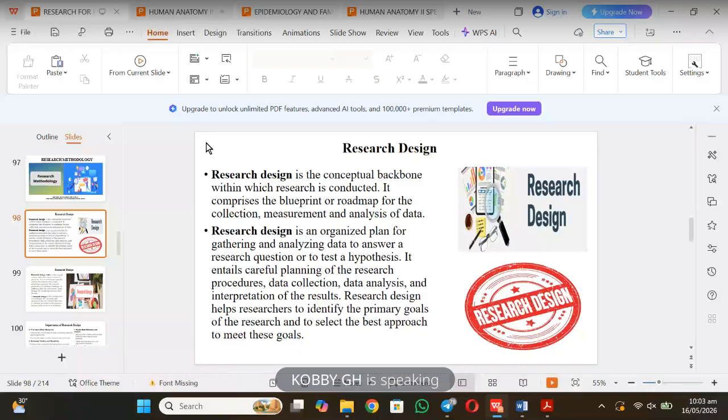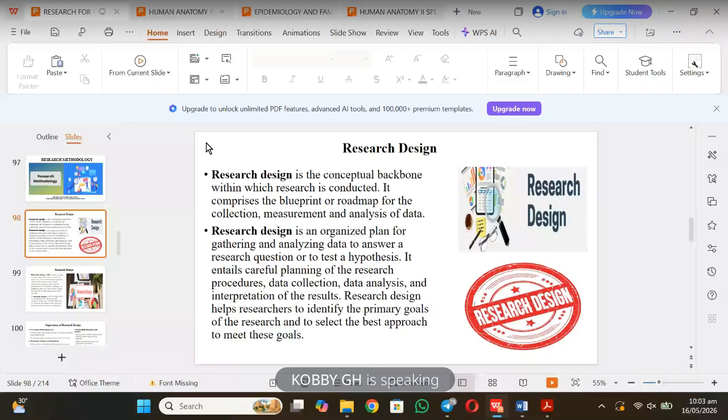Good. So I mentioned that in some textbooks, these approaches are also put as designs. If they say study design, you are going to see descriptive, cross-sectional, retrospective, prospective design. Then they will say quantitative design, qualitative design, mixed method design, but they are not designs. They are data collection approaches.